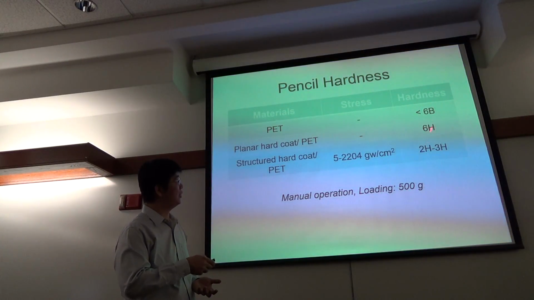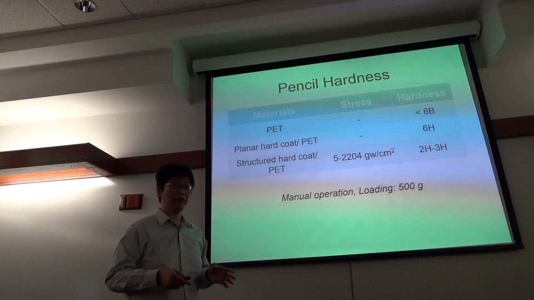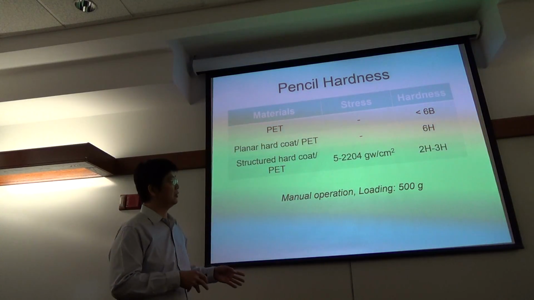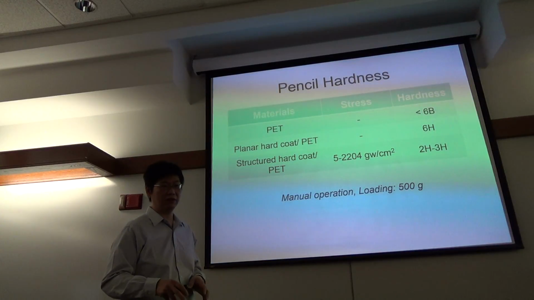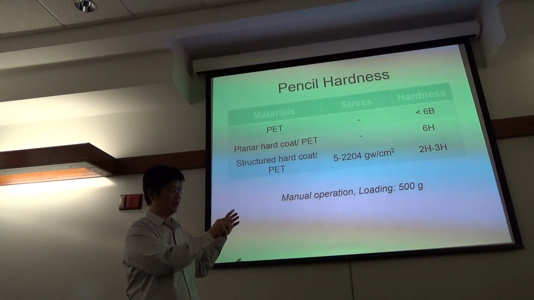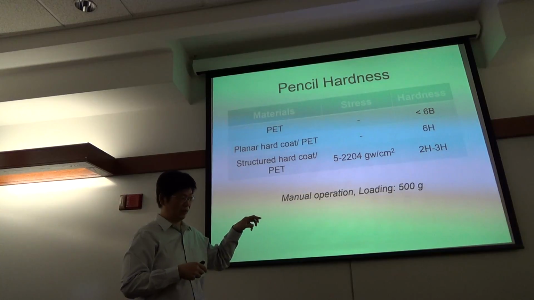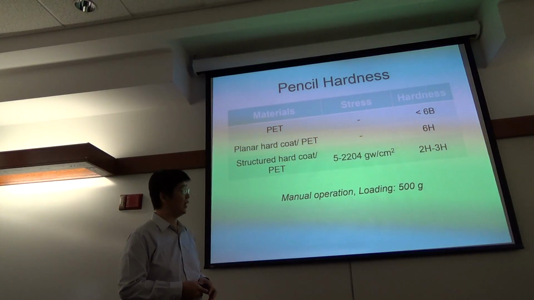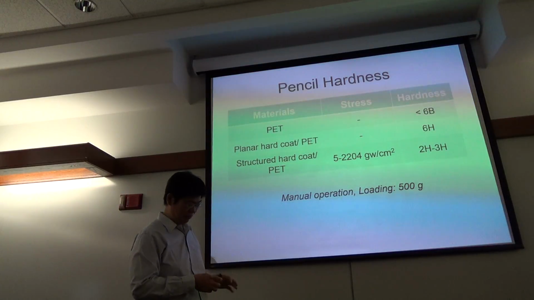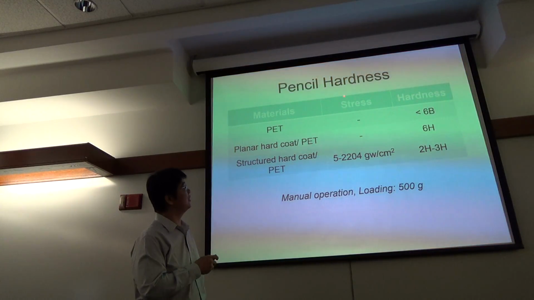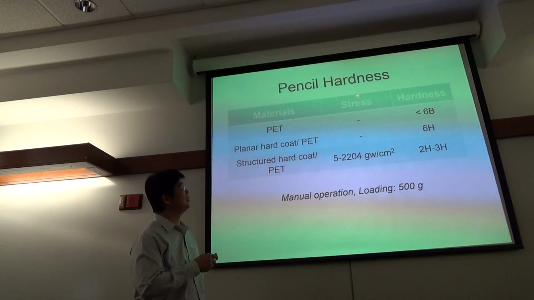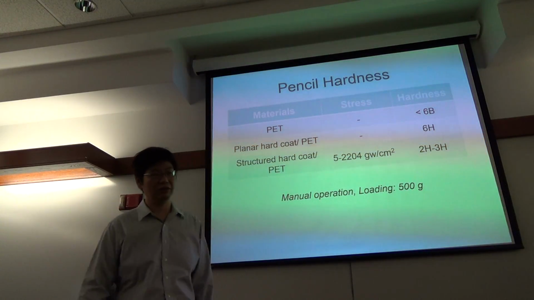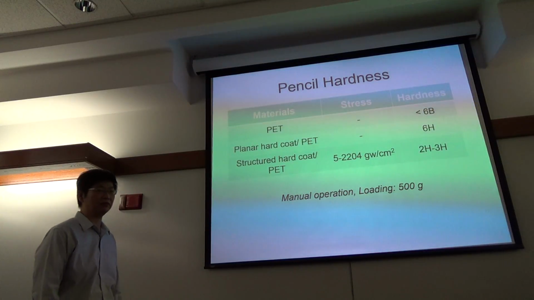Because that is an industry project, all of our measurements were based on the industry standard. The company gave us the standard, and you have to follow the same process as they did. But I saw they have something related to hardness. I think maybe this one is somewhat different, but I'm not sure about their value.